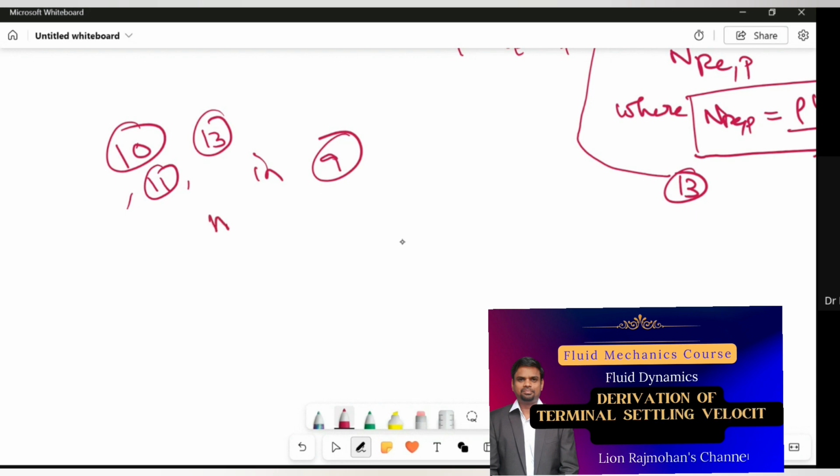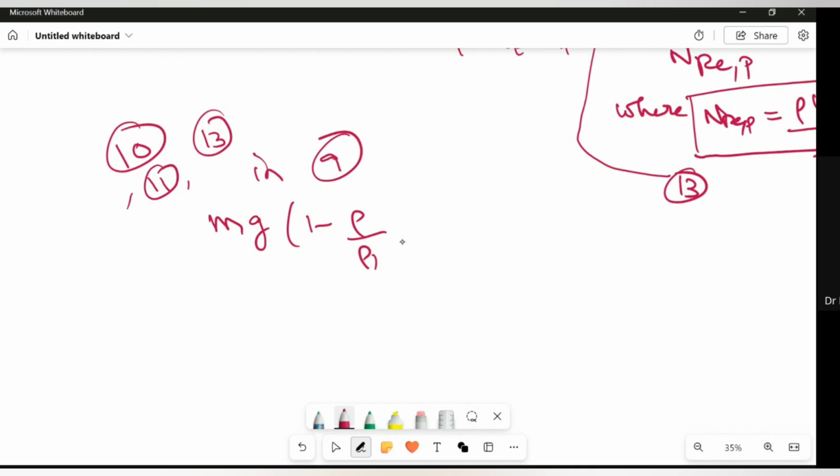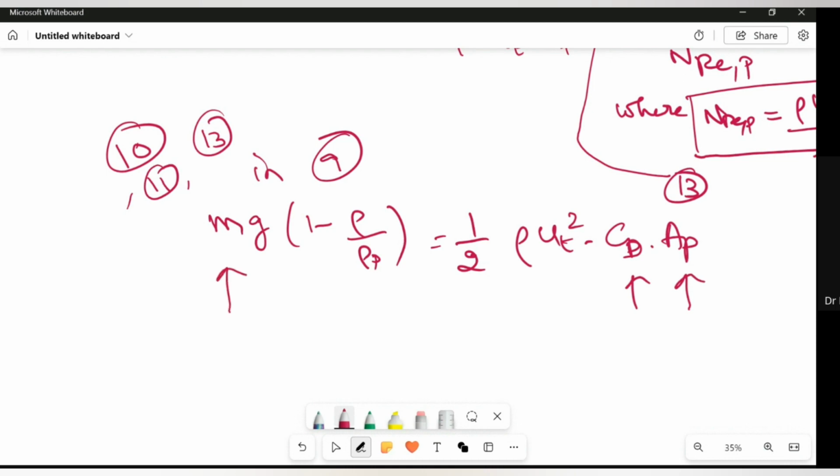These are from equation 9, again I am writing because we are away from it. So mg into 1 minus rho by rho p is equal to half rho ut square CD into AP. Here we are going to substitute what is CD, what is AP, and what is m.